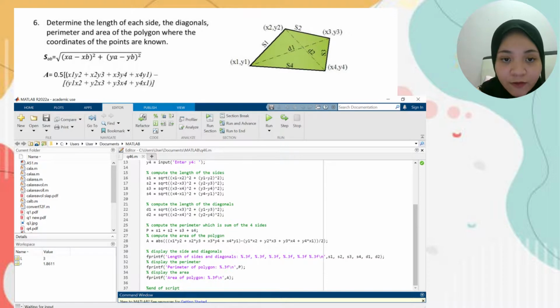And lastly, type display the area, fprintf area of polygon. And then lastly, we type end of the script. And then after that, if you want to know whether the script is good or not, see at the right of the screen if it is ticked, so there is no error in the script.